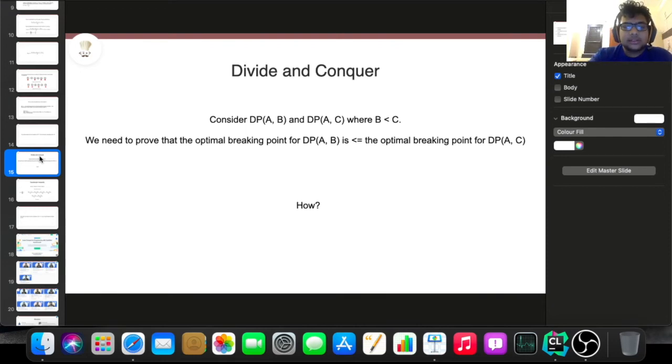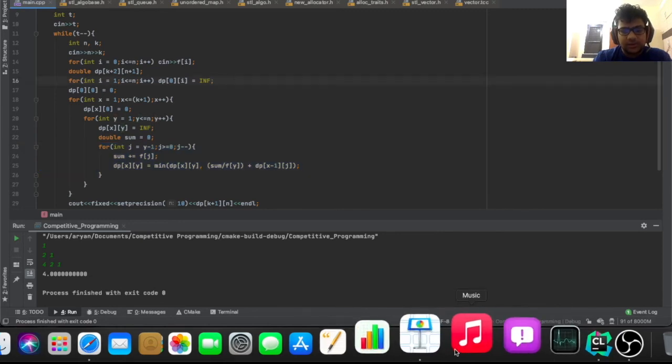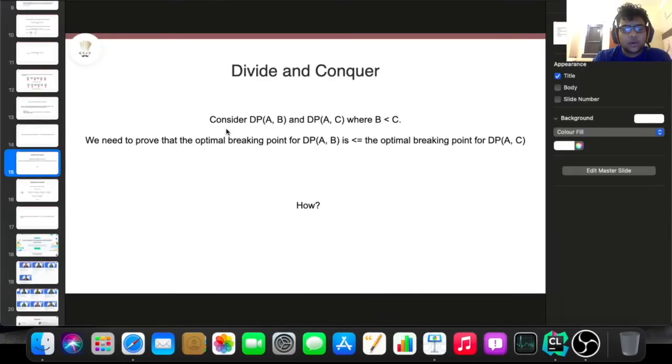Consider dp[A][B] and dp[A][C], where A is less than B and B is less than C. We need to prove that the optimal breaking point, which for dp[x][y] here would be the best index j that we found over here, for dp[A][B] is less than or equal to the optimal breaking point for dp[A][C].